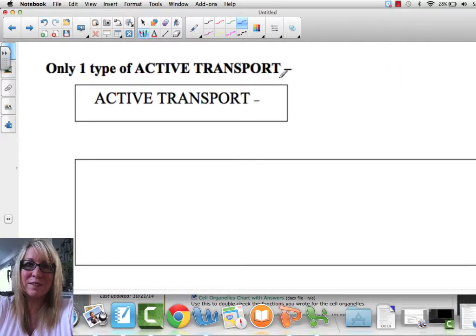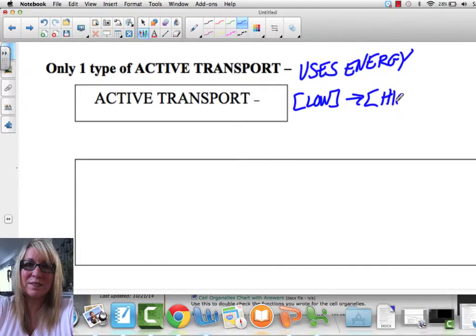Active transport, we said, uses energy. That's why it's called active. And you're going from an area of low concentration to high concentration. So you're trying to go from where it's not crowded to where it's very crowded.